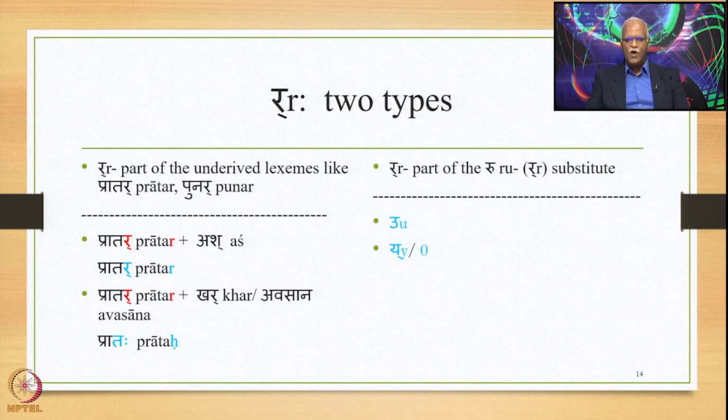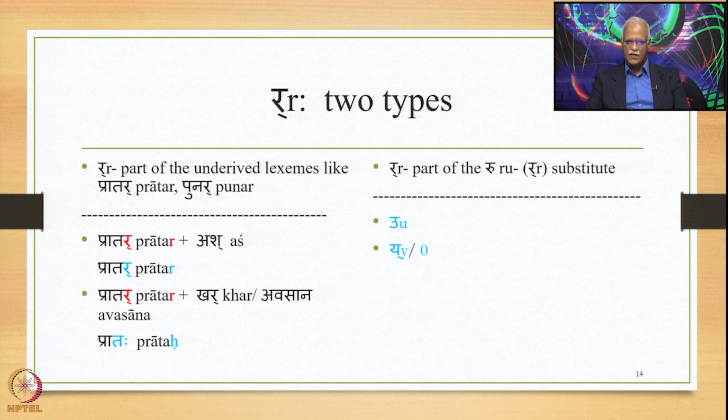However, if you have r which is part of ru, then the substitutes are u and y. How shall we study this now?